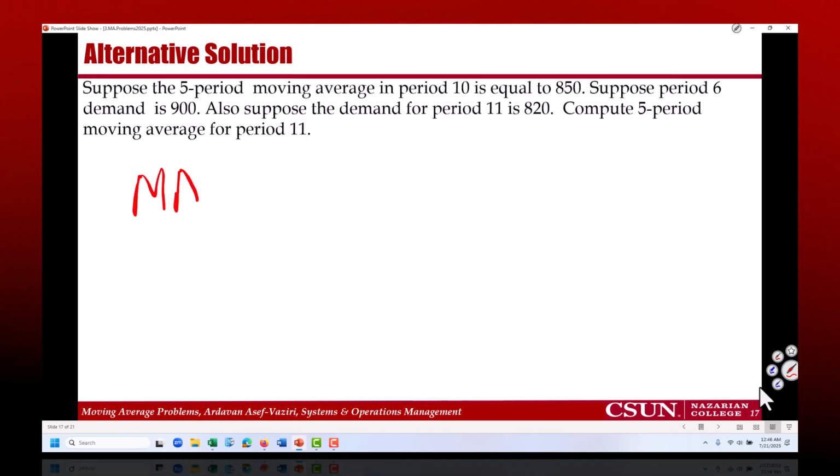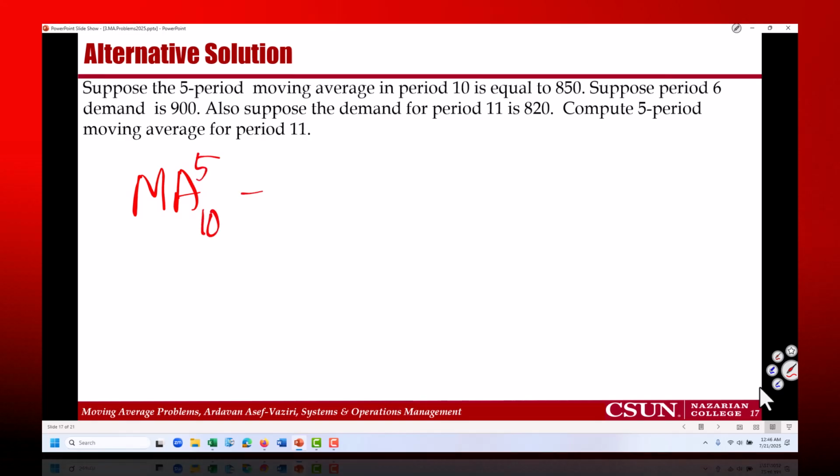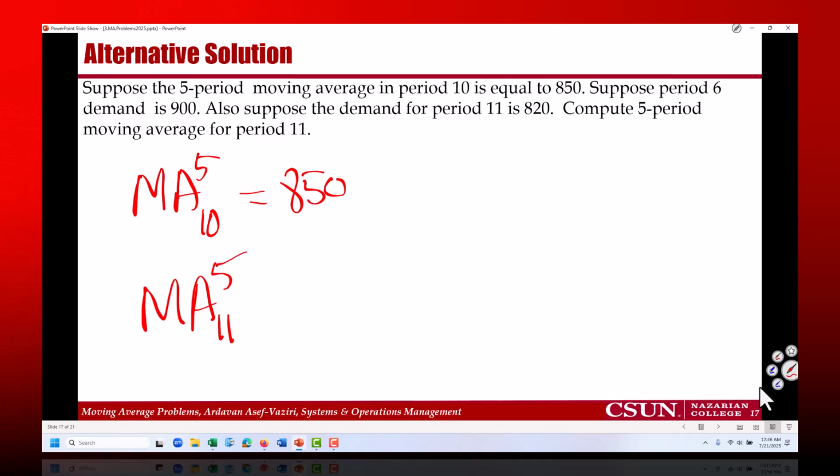The 5-period moving average in month 10 is equal to 850. What is the 5-period moving average in month 11?